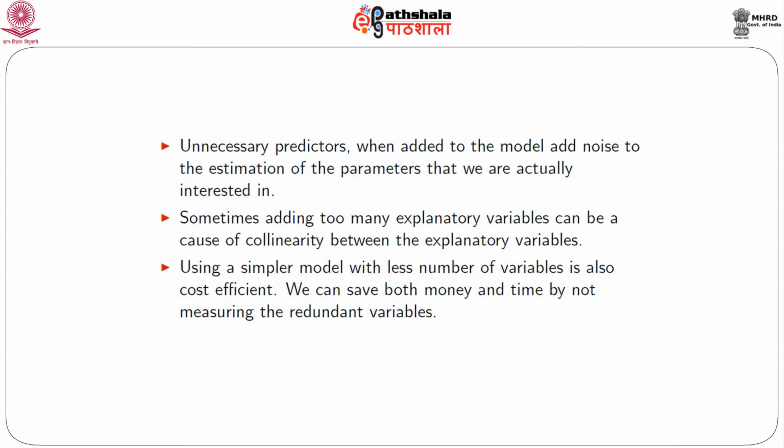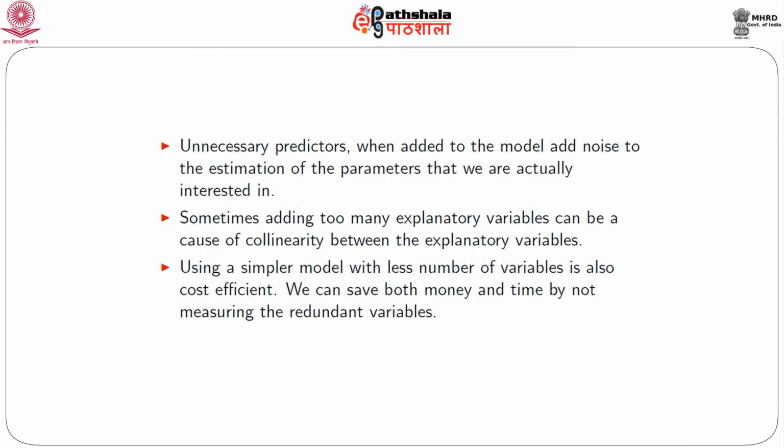If you remember the way we had written the multiple regression model, it looks like y equals beta naught plus beta 1 x1 plus beta 2 x2 plus ... beta p xp plus epsilon, where epsilon is our error term and x1, x2, ..., xp are the p regressor variables or p predictor variables, and in addition to these we have their corresponding regression parameters beta 1, beta 2, ..., beta p. Now, if we have unnecessary predictors added in our model, then that increases the number of parameters that we have to unnecessarily estimate.